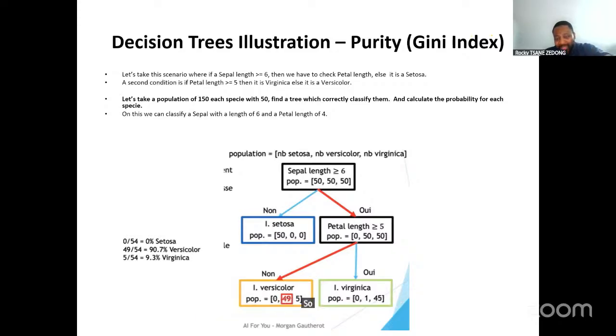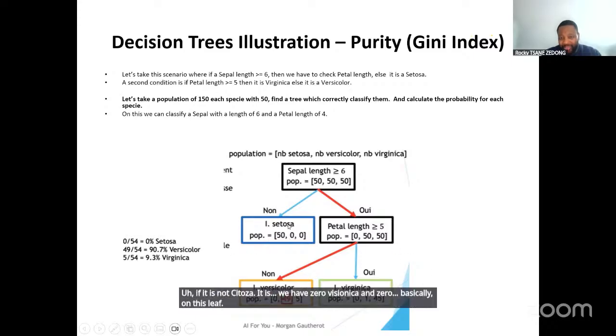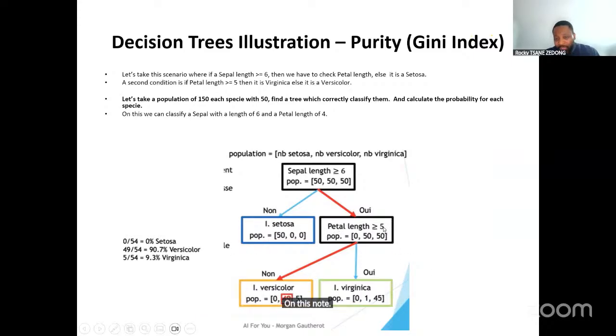So you can see that setosa is apart: we have 50 setosa and 0 of the others. If it is not setosa, we have 0 setosa in this node, and 50 and 50 of virginica and versicolor in the other nodes.